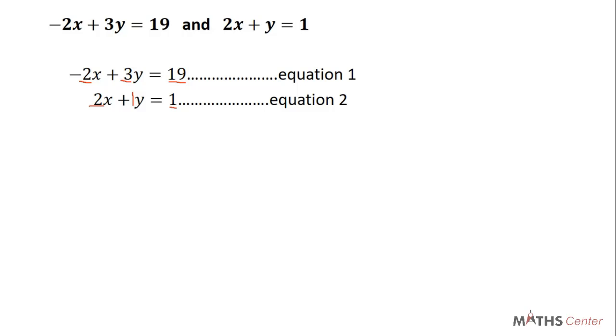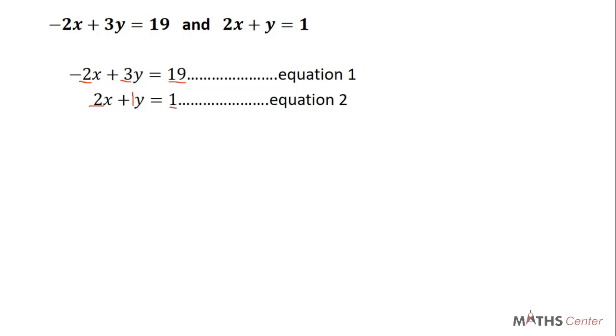So you found the coefficient of x and y in both equations. In equation 1, coefficient of x is minus 2. In equation 2, coefficient of x is 2. In equation 1, coefficient of y is 3, and in equation 2, coefficient of y is 1. Now you can see that x has the same coefficient in both equations, minus 2 and 2.